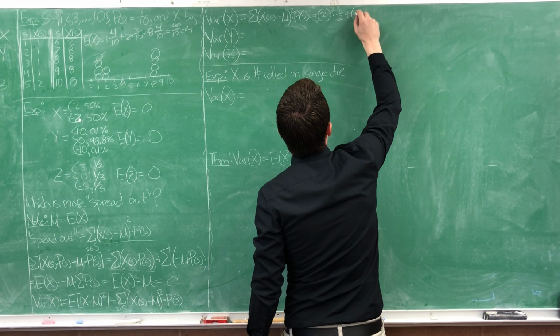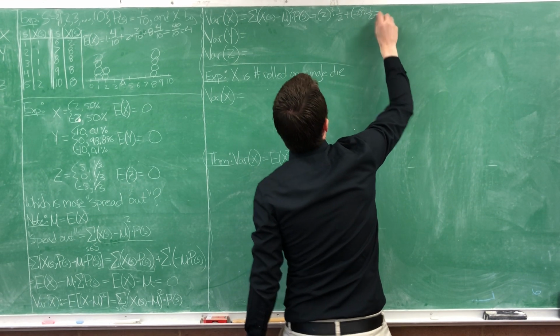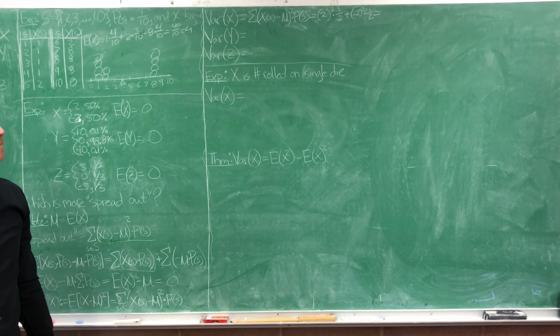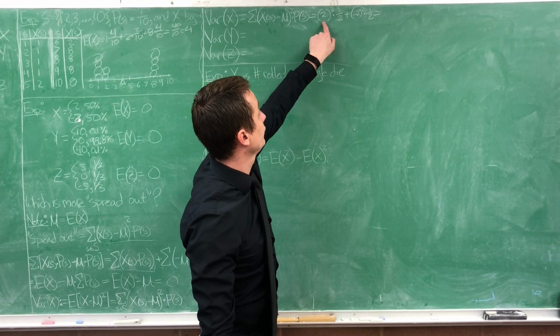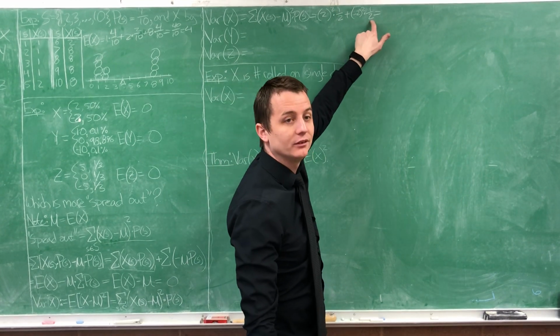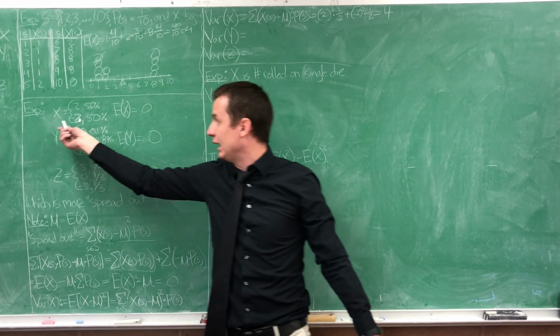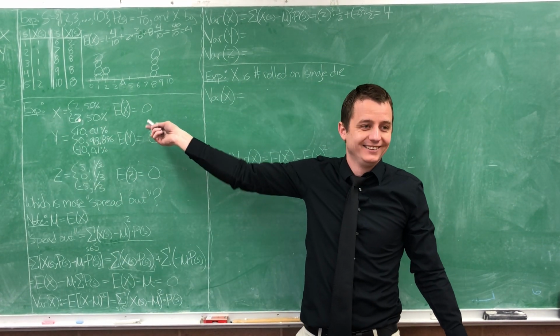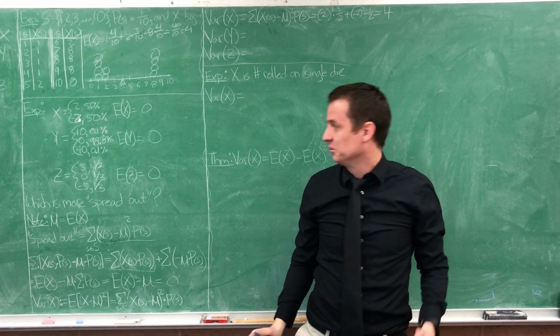Negative 2 minus 0 is still just negative 2 squared times 1/2. We have 2 squared is 4 halves, plus 4 halves is 8 halves, or in other words is 4. So this data obviously has a spread outness of 4, right? That's its variance. Notion of how spread out it is in some sense.